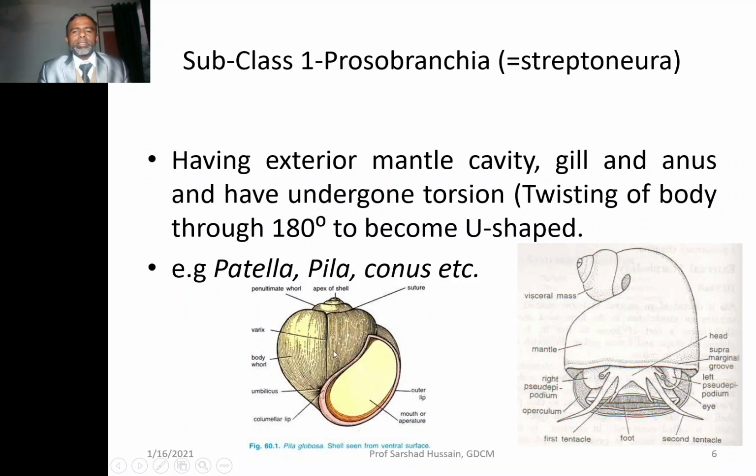Examples are Pila. This is the Pila having a shell, and after removing the shell, you will see this type of structure. The operculum is also there. You look at this head as well as the foot. It is taken outside after removing the cover of this opening, called the operculum.